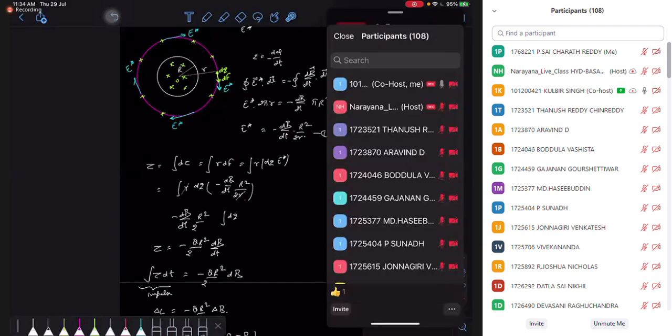So that's why I'm telling you to just pay attention to the procedures. The idea we learn from this is that Faraday's law is not just for metal wires. It is not just for the loop. It is beyond the loop, beyond the metal also.